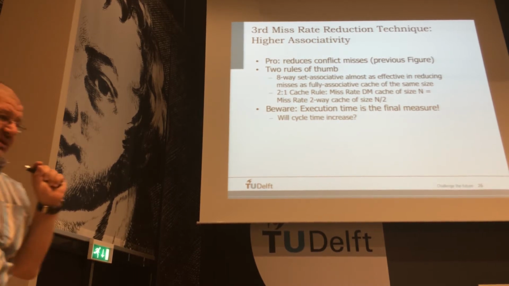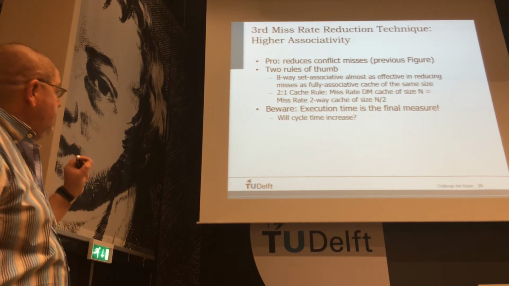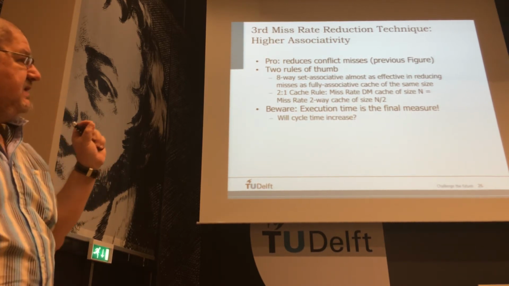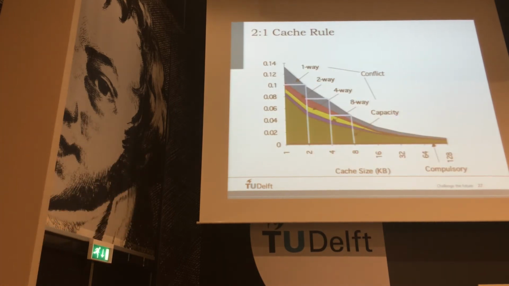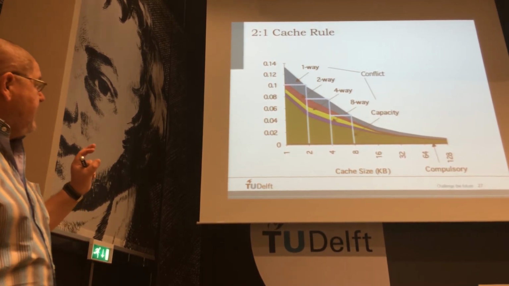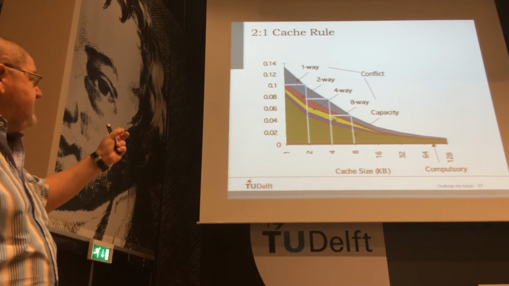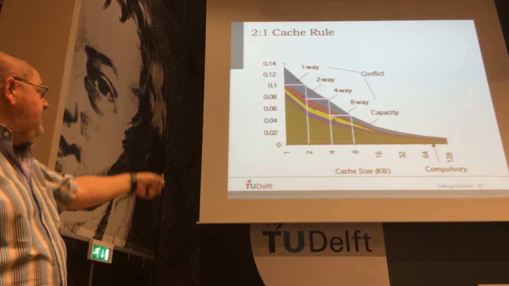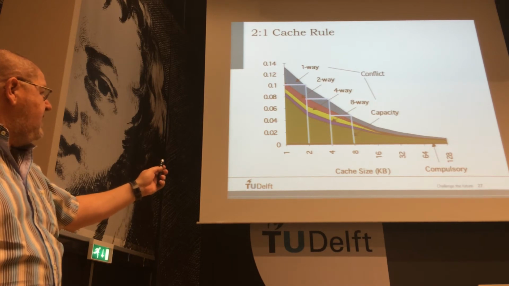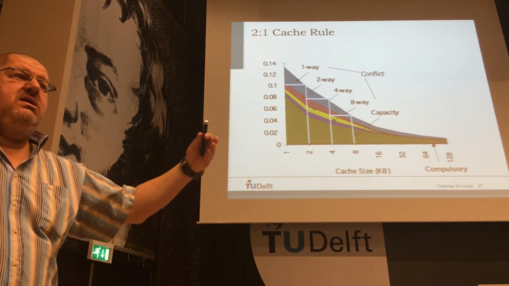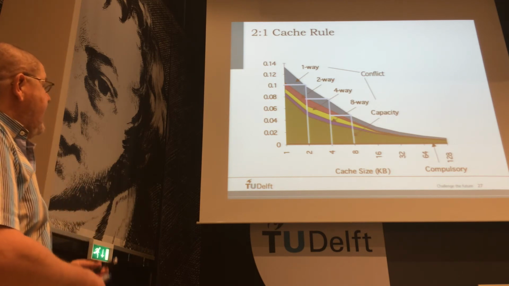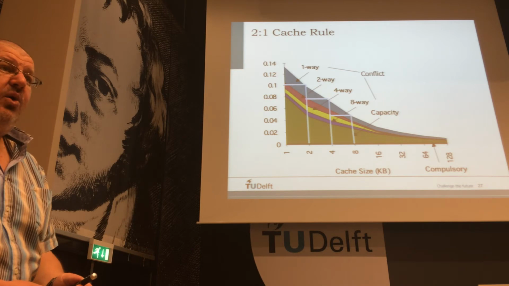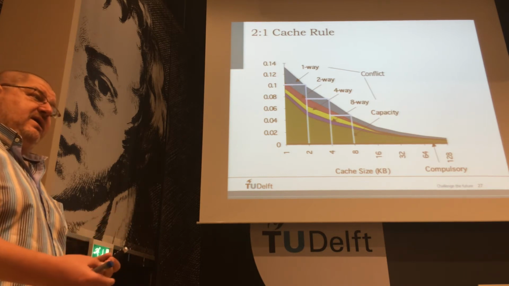Then what we saw is that increased associativity is actually good. If we look at this diagram, we see an interesting rule of thumb: you can trade capacity against associativity. If you have, for example, an 8 kilobyte budget for the cache, you can use it as 8 kilobyte with one way or as 8 kilobyte with two way.